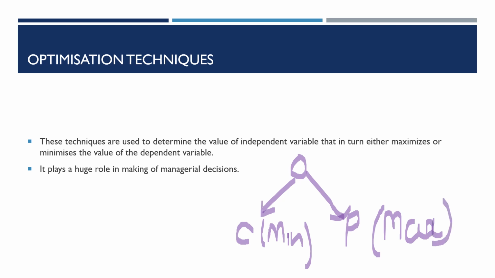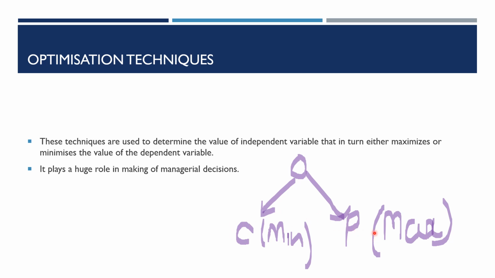So in this case, the manager wants the value of the output, and the output is the independent variable. The manager wants to determine the value of this independent variable called the output, and he does this by maximizing or minimizing the value of the dependent variable. He minimizes the cost, or he maximizes the profit. So cost and profit are the dependent variables.